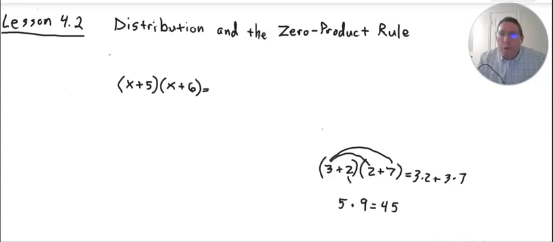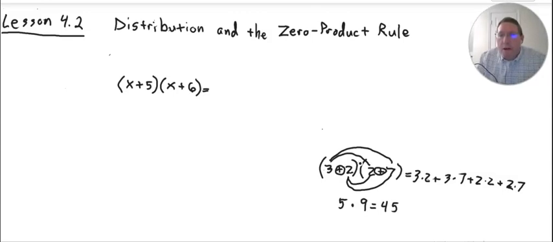Now we're going to do 2 times 2, and it's addition again, plus 2 times 2. And then we're going to do 2 times 7. Because the 2 has addition and the 7 also has addition, a positive times a positive is a positive. So we're going to add 2 times 7. Okay, that's not 2.7, that's 2 times 7. Sorry about that.